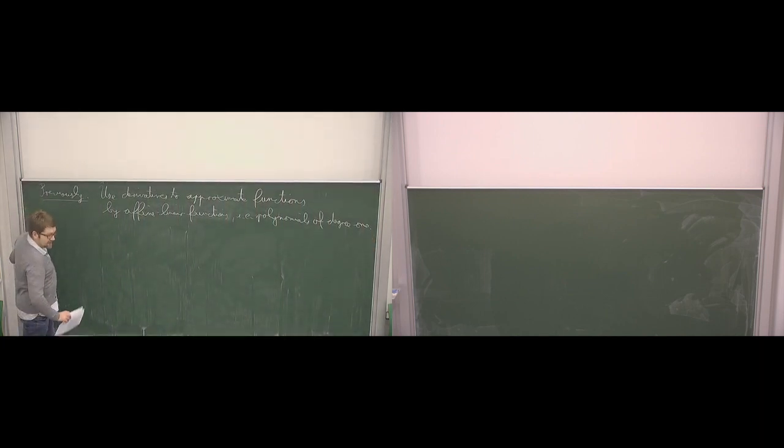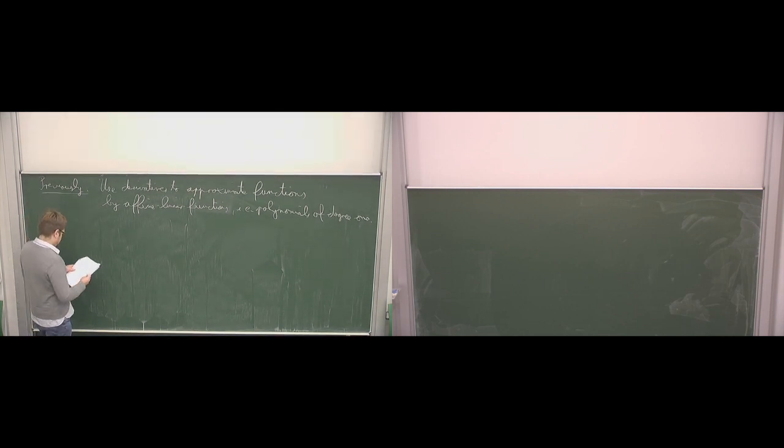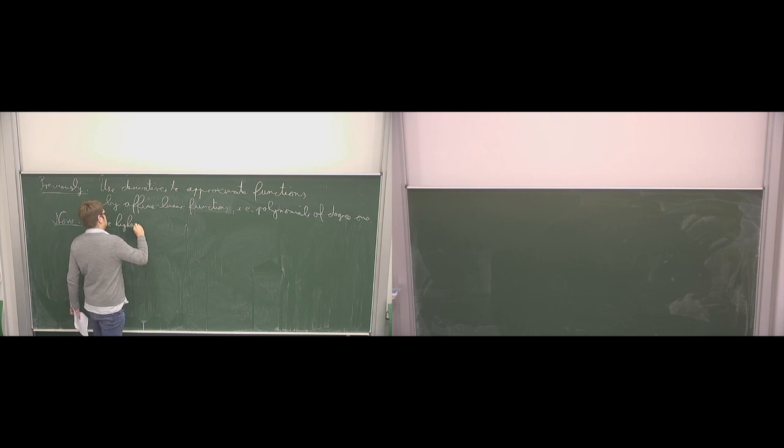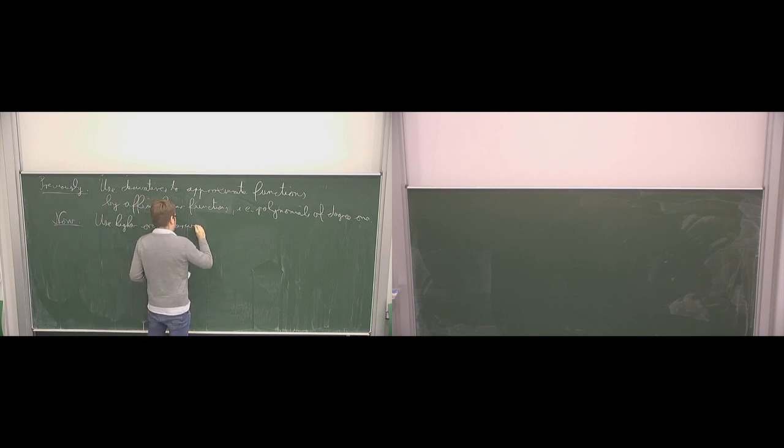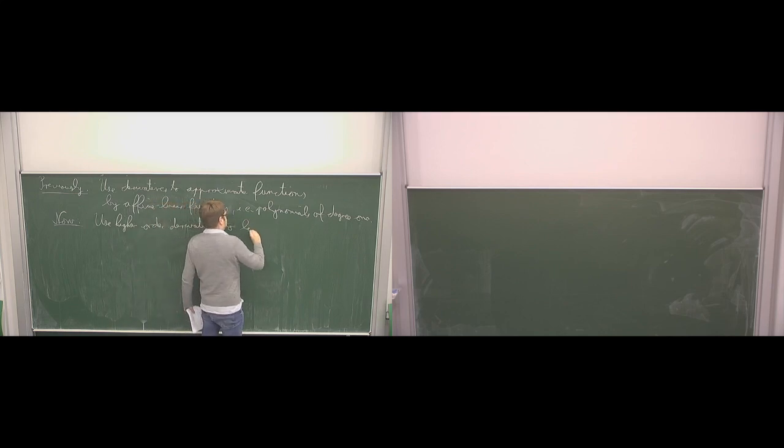The idea is now to use the higher derivatives to approximate them by slightly more complicated functions. Namely, the idea that we are going to follow in the rest of this section and also in the next section is that we want to use higher order derivatives to, of course, locally approximate.